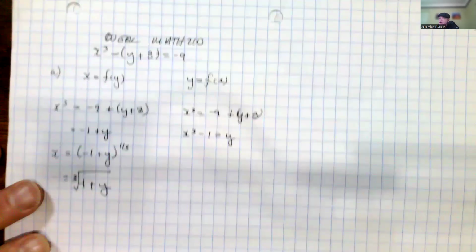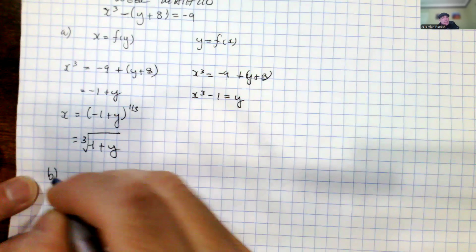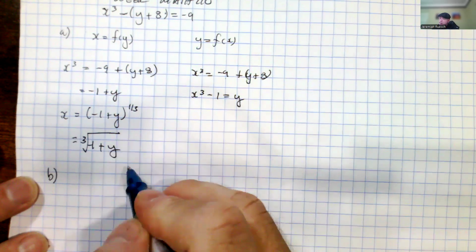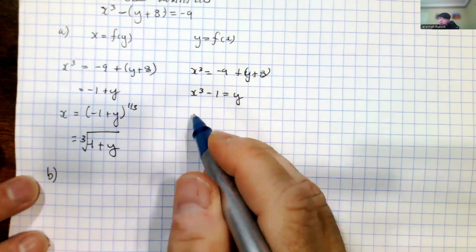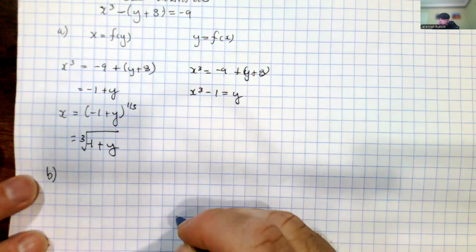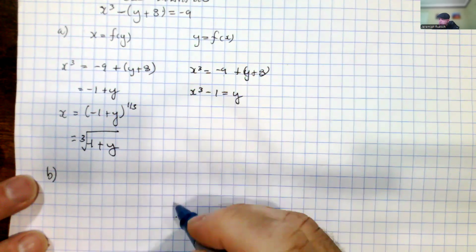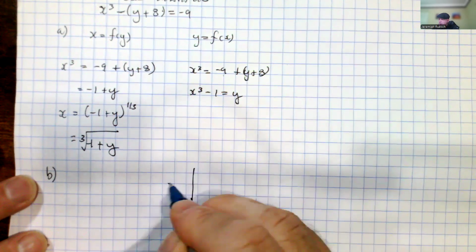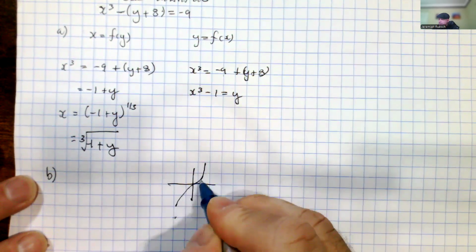Part B is to state the domain and range of both of these. Of each case, yeah. So kind of going in reverse order here, the domain of y cubed minus 1, well, the parent function here is y cubed, and y cubed looks like this.